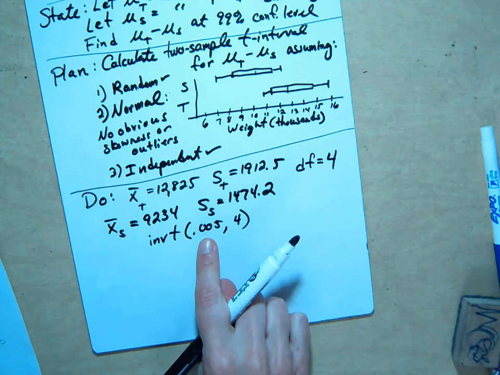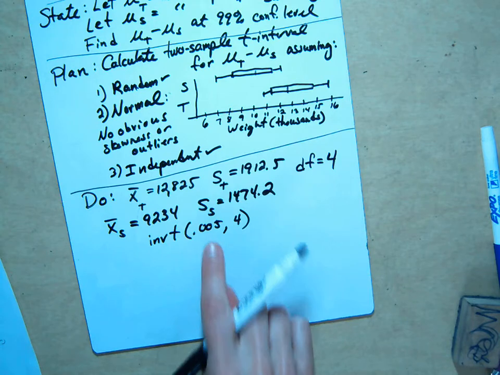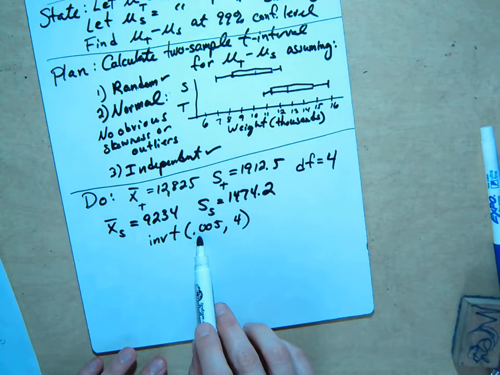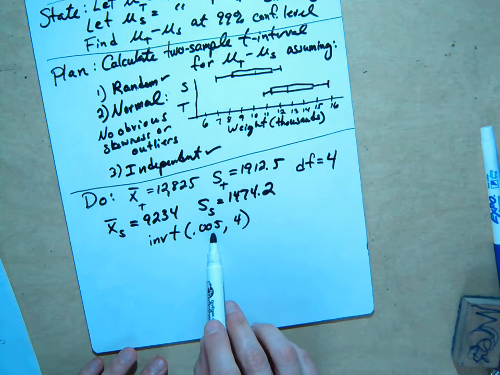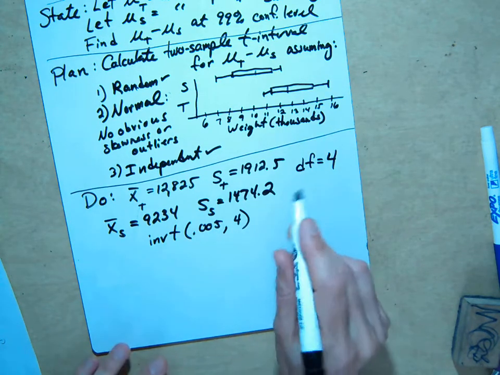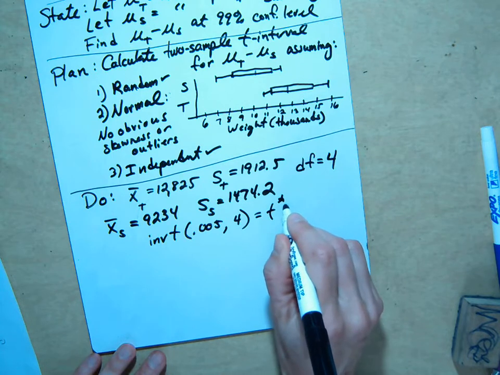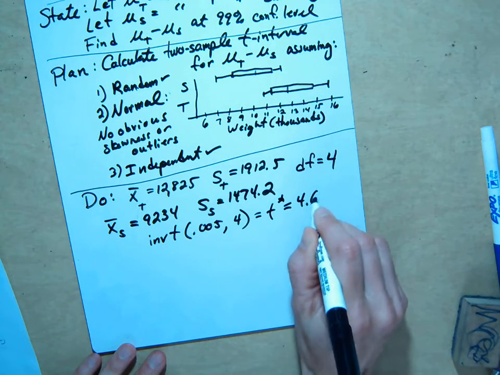Because it's a 99% confidence interval, which means there's 1% left for both tails, which means there's 0.5% on one side, so you want to use 0.005. And that will give you T star, which equals 4.604.